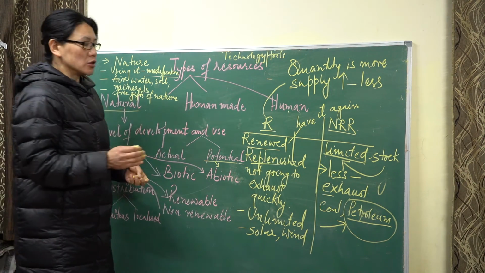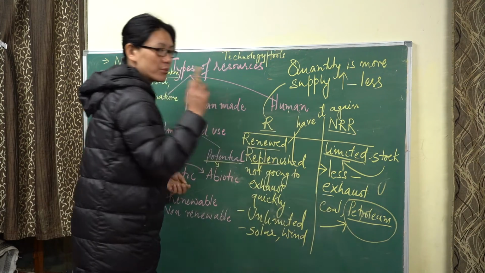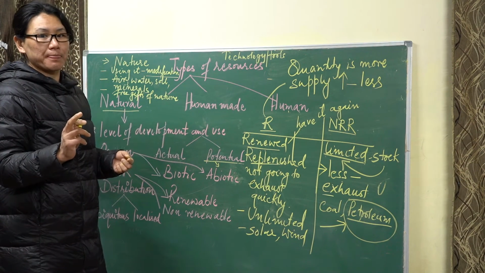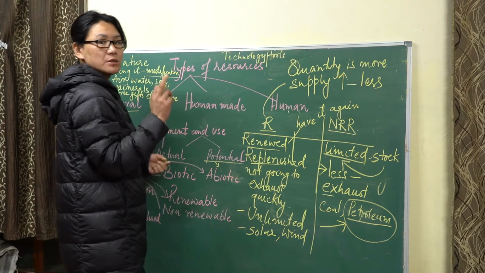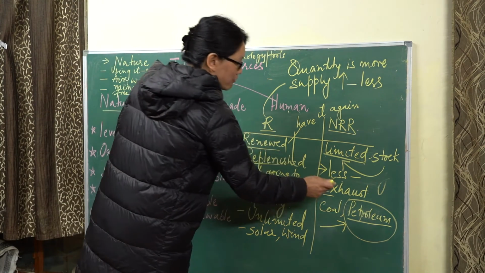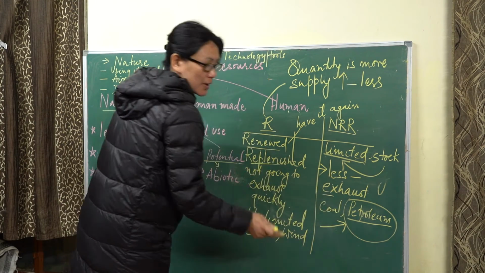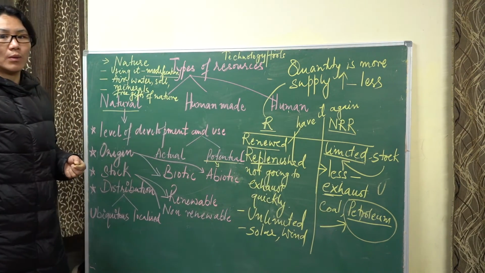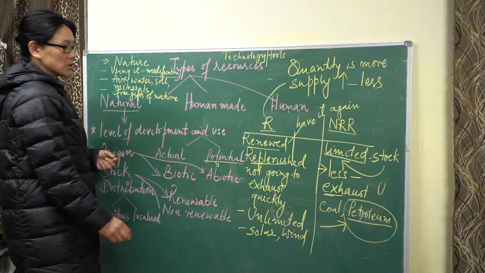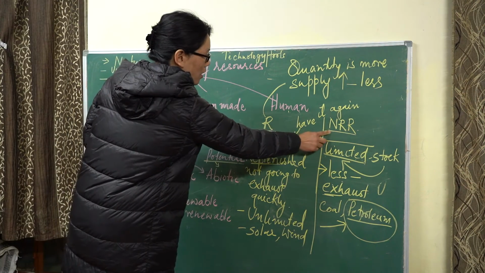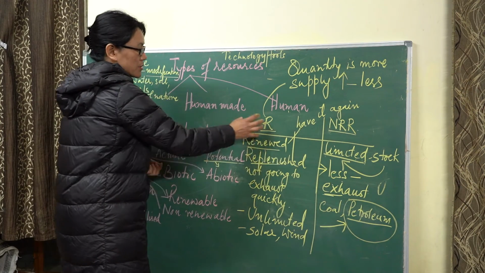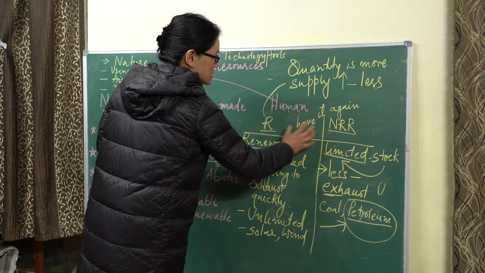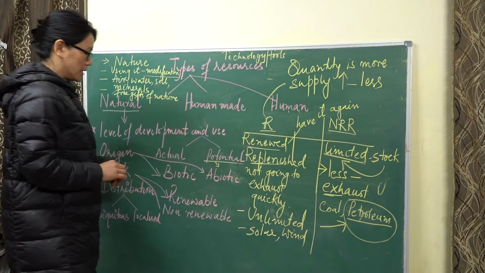Also, if we are not using this petroleum properly, cautiously, then the future generation will face problems. As I said, it will get exhausted one day, right? So this is called non-renewable resources. So renewable resources and non-renewable resources, that is the difference between these two.